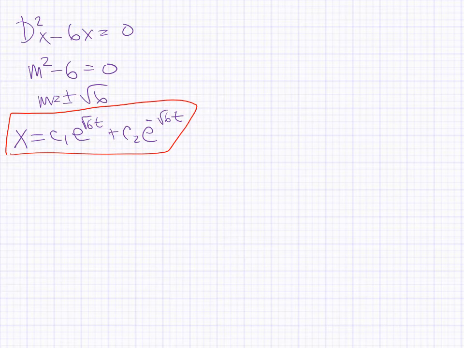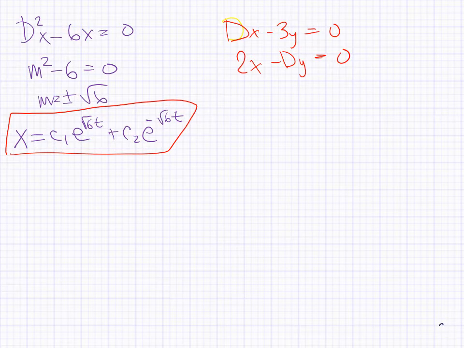Now let's go back to our system. We have Dx minus 3y equals 0, and we have 2x minus Dy equals 0. Think about what we would have to do to get the x's to cancel out.